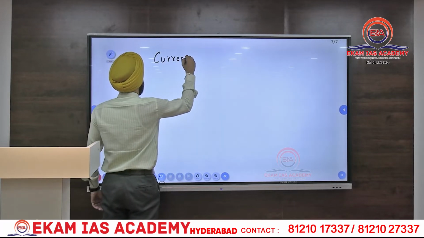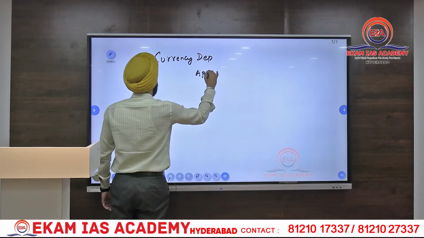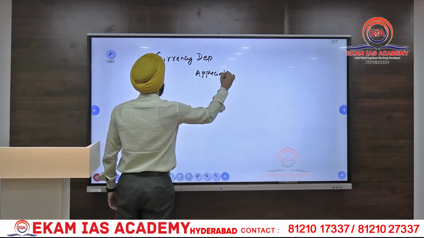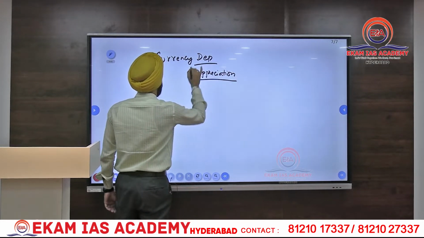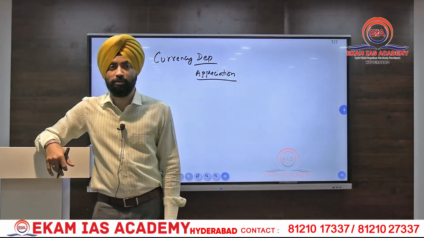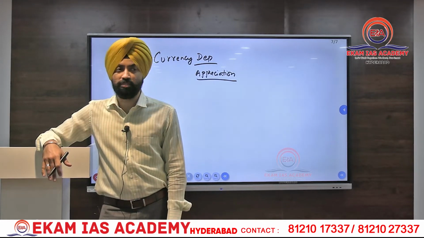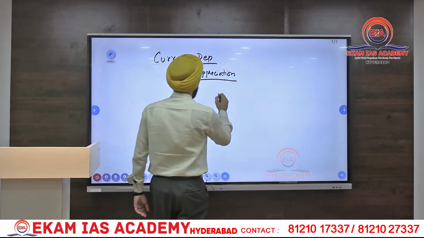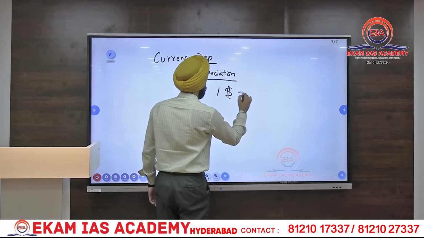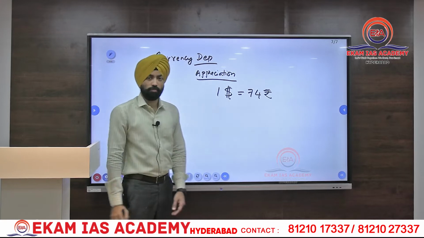Currency depreciation and currency appreciation. What is good? Say for example, $1 is equal to 74 rupees is the value.